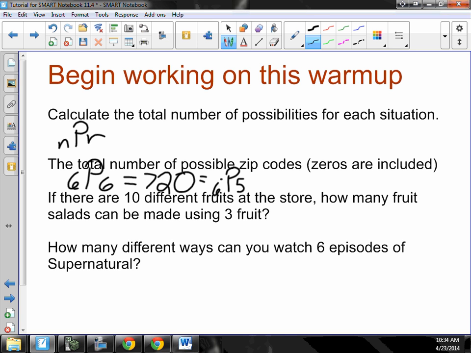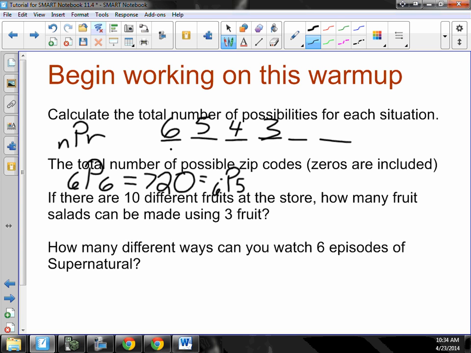So if I line this out using the row calculation, how many options are there for the first episode to watch? 6. How many are there for the second episode? 5. And then I have 4 choices and 3 choices. But what happens when I make the second to last choice?